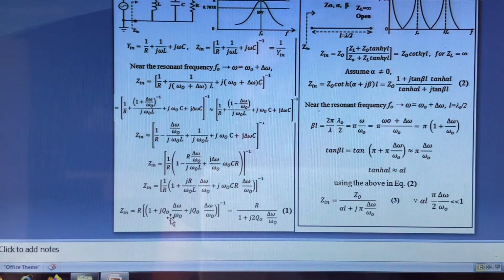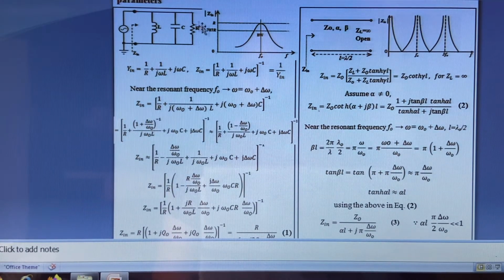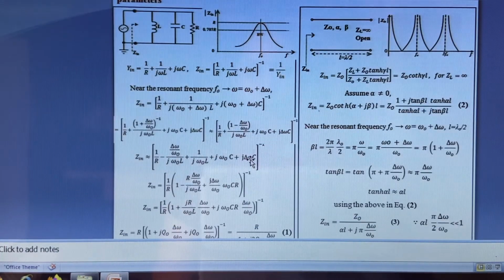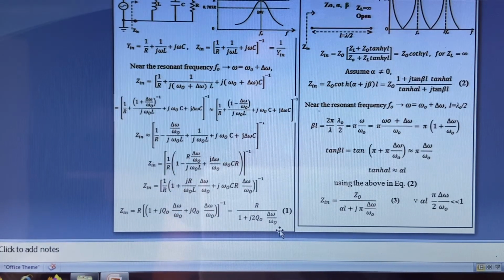So this is equal to 1 plus j2 Q naught delta omega by omega naught. We can rearrange this like this. This is equation 1: the input impedance of the parallel resonator circuit near the resonant frequency is given by equation 1.